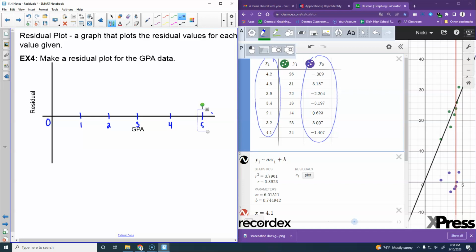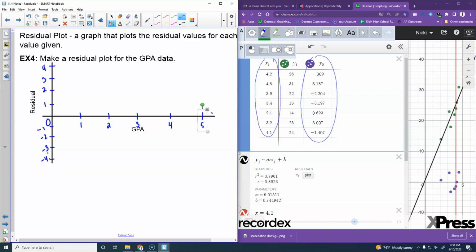I think we have 3.187, so around 3, and then we have around a -3. So on my y-axis, I want to label 1, 2, 3, 4, and also -1, -2, -3, -4. It's very important to label that axis, whatever you're graphing.